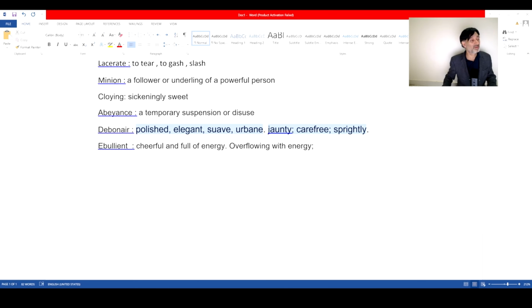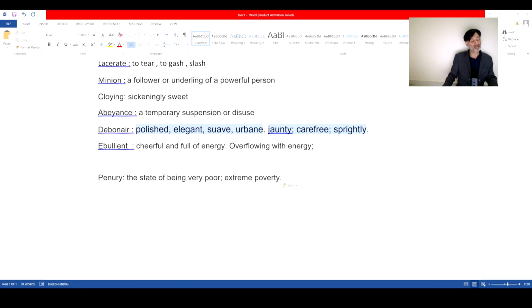Penury. That is extreme poverty. If you are in penury, it means poverty, the state of being extremely poor. I'm just writing the dictionary meaning here. Let me write the word first. Penury. State of being poor, extremely poor, without the basic needs.